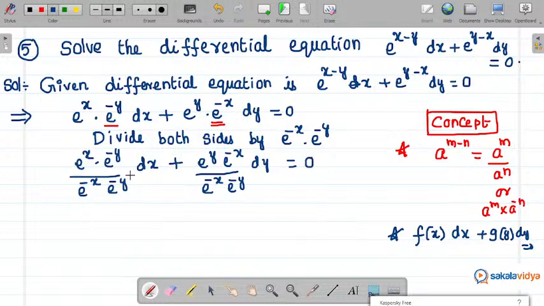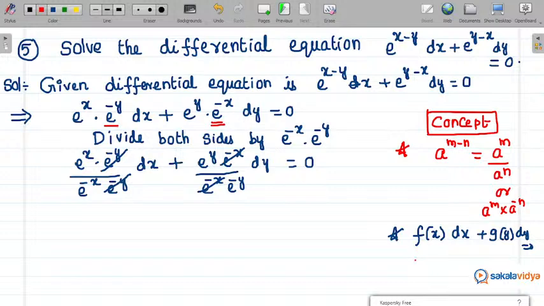Here e power minus y will get cancelled, and here e power minus x will get cancelled. So we have e power x by e power minus x. Let me explain the concept here: a to the power of m upon a to the power of n is equal to a to the power of m minus n.